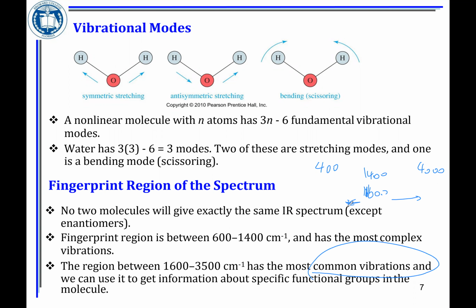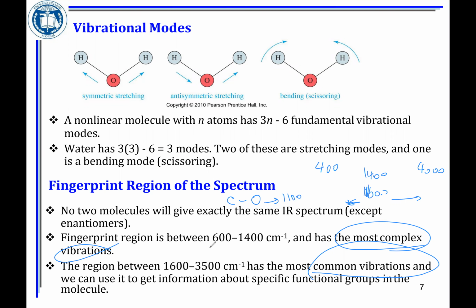In the fingerprint area, more complex vibrations happen. We try not to use the fingerprint region unless that's the only source of information that we have in this class. We try to stay in the general region, but if we have, let's say, a CO single bond that shows a peak at 1100, then we have to go into the fingerprint region.